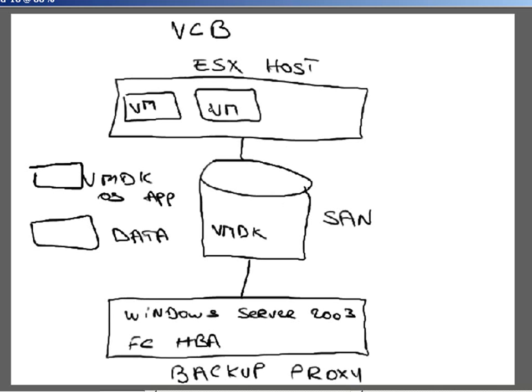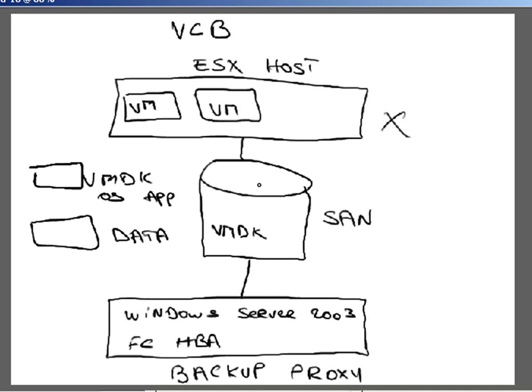So it would take the VM and the ESX host completely out of the picture. It's accessing those VMDKs and those files inside those VMDKs directly from the SAN. So it's taking upon itself the strain of the backup, and relieving the ESX host and the VMs from any performance degradation that can be caused by backups.